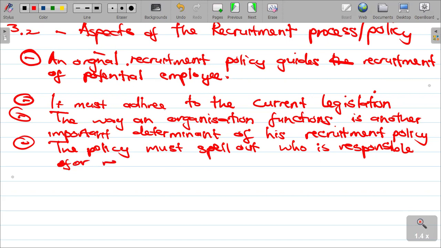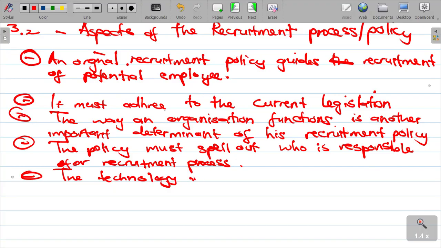Or recruitment process. And lastly, the technology in the organization is production, processes, its unique products and services.